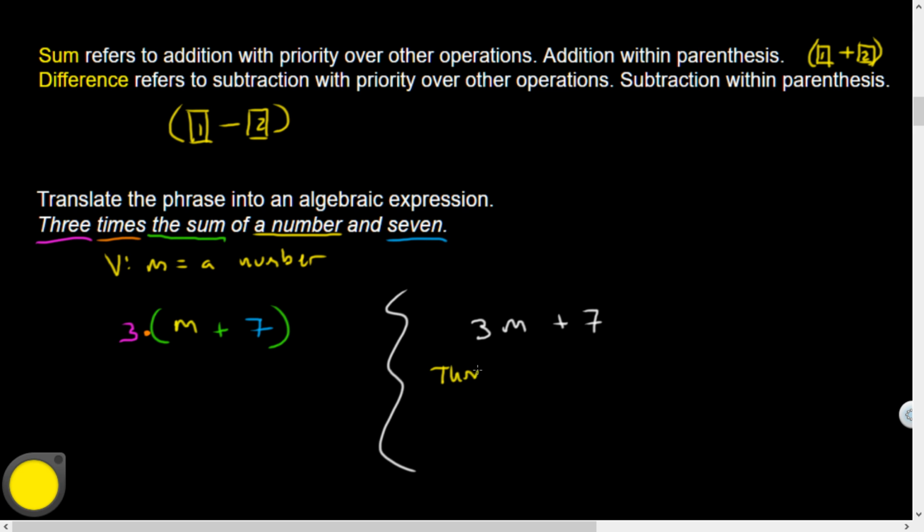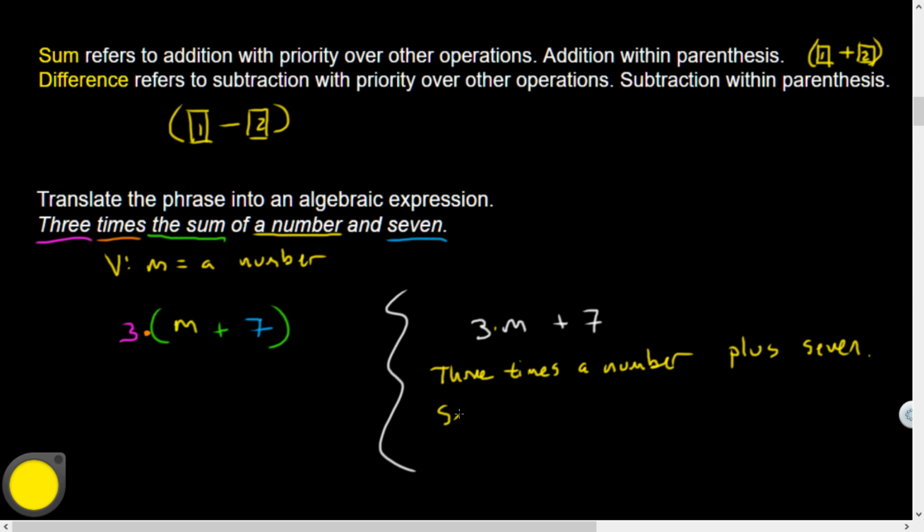So let's see, I'd start with 3. I've got an operation of multiplication. So I could have said the product of 3 and a number. I could have said 3 times a number. I could now just say plus 7. That's one way I could say it.